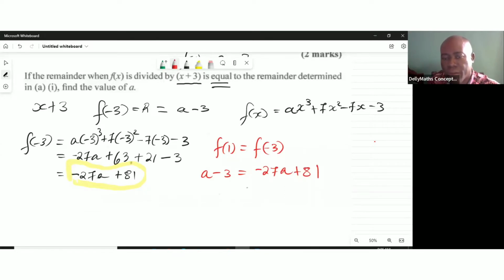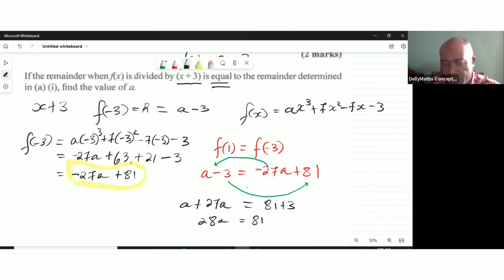So here, we just solve our problem ordinarily. Let me gather my a's on one side and my constants on the other side: a plus 27a is equal to 81 plus 3. So I added 27a to both sides and added 3 to both sides. So I'm getting 28a, which is equal to 84.